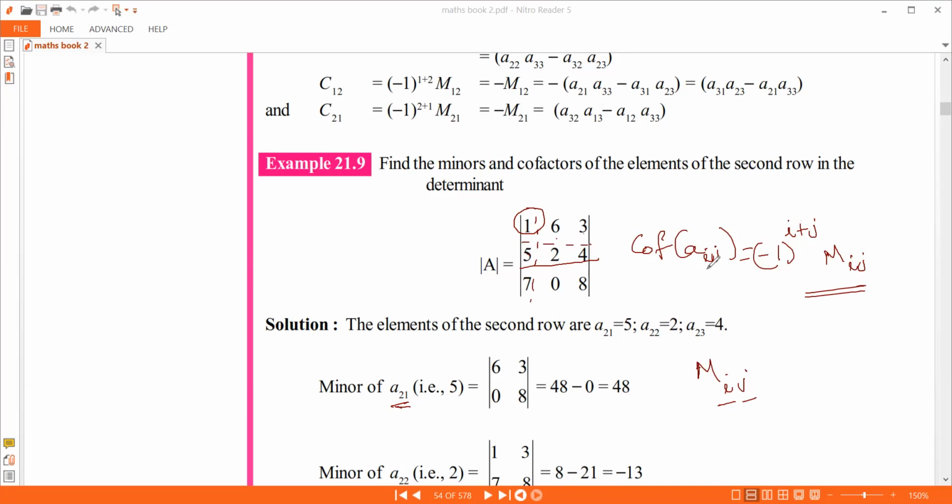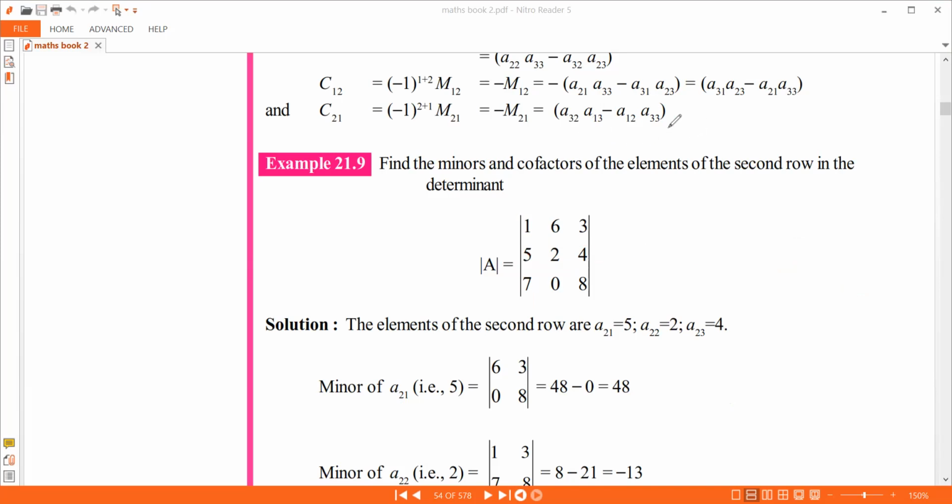That is called the cofactor. You understood minor and cofactor, right? So you get the cofactor from the minor. We will do this exercise, otherwise you will not understand later. This terminology is the only thing you have to understand.